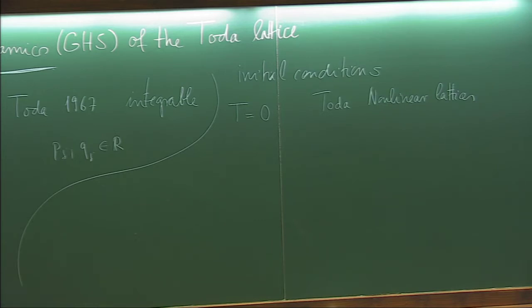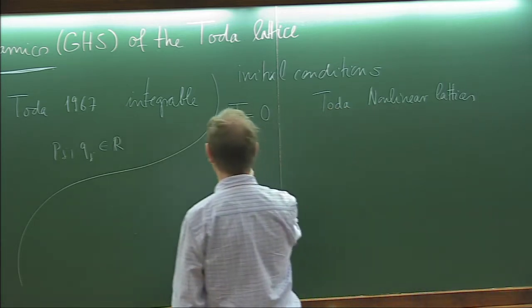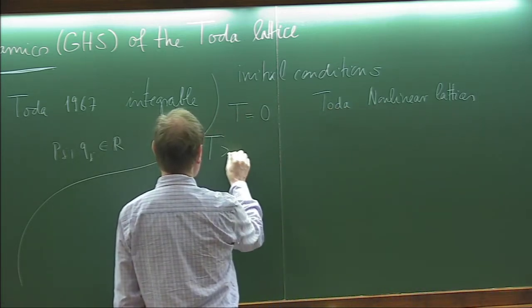And then there are 10 pages where he studies the thermodynamics of the thermal state of the Toda lattice. And there's a huge amount of physics work, and mathematicians have investigated this kind of object in great detail. But we want to do something different. We want to do something which you would think of as positive temperature.